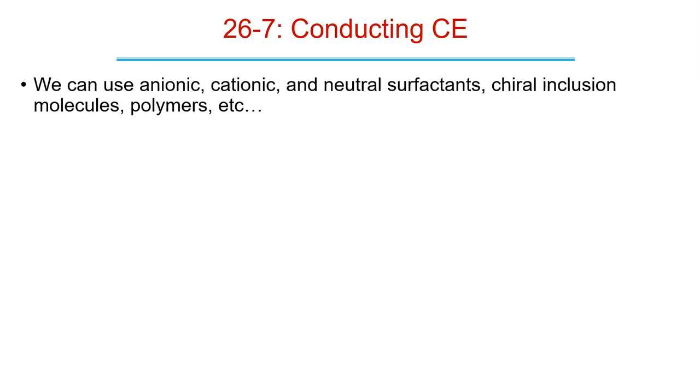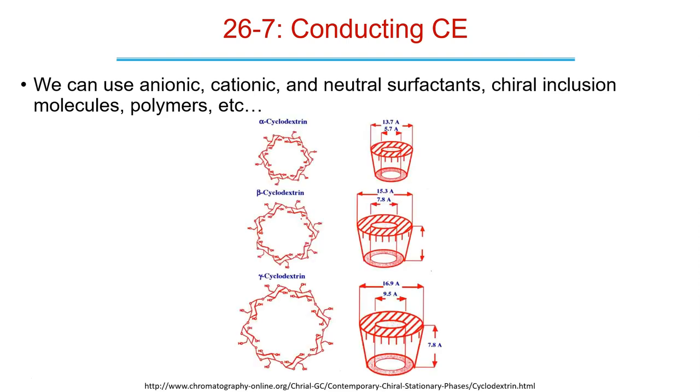Now we can use all kinds of additives, anionic surfactants, cationic surfactants. We could even use neutral surfactants. We could use chiral inclusion molecules, polymers, all sorts of stuff. A real popular additive are these chiral inclusion complexes that are called cyclodextrins.